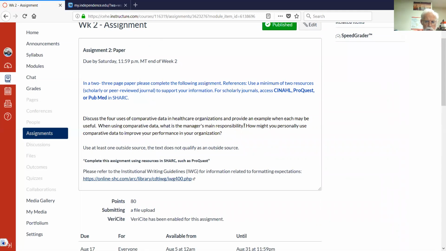What is the manager's main responsibility? So you're going to have to really look at the comparative data chapter and review the various ways of comparing data. Look at that chapter in some detail. You need at least an outside source other than the text as well, so it's suggested that you make use of the SHARC materials that we have.